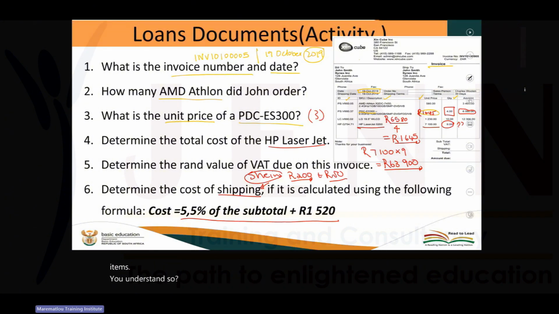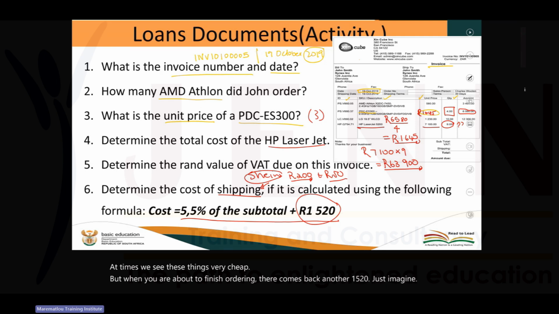So if you have bought things for 20 rand, for them to calculate your shipping cost, they are going to calculate 5.5% of that 20 rand and always add 1,520. At times we see these things very cheap, but when you are about to finish ordering, there comes another 1,520. Just imagine that you add on top of what you have bought.